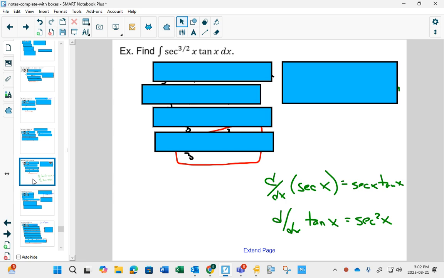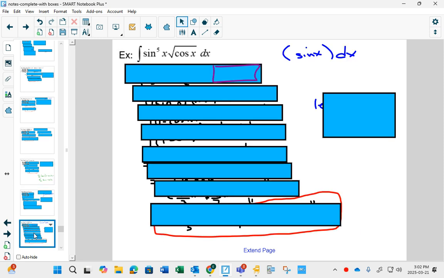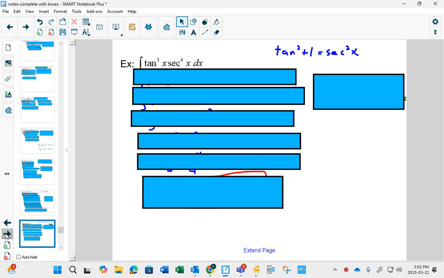And take out scrap paper if you want. You don't want to write your own notes. You can grab scrap paper from the bin here or take out your own loose leaf. Make a decision. Try one. Are you going to make u equal to secant x or u equal to tan x in these last two?